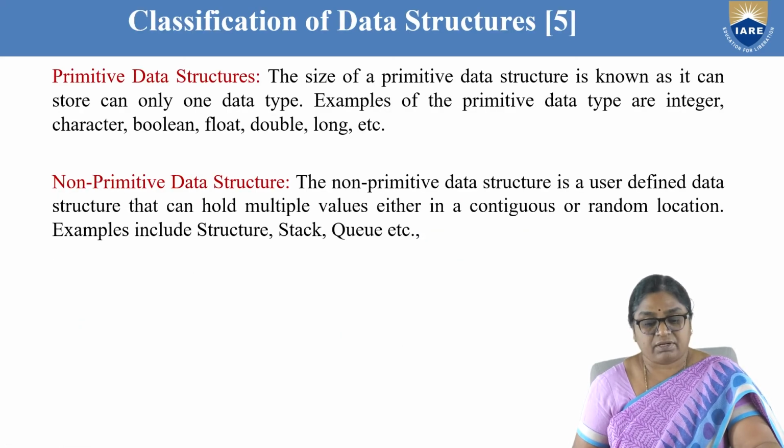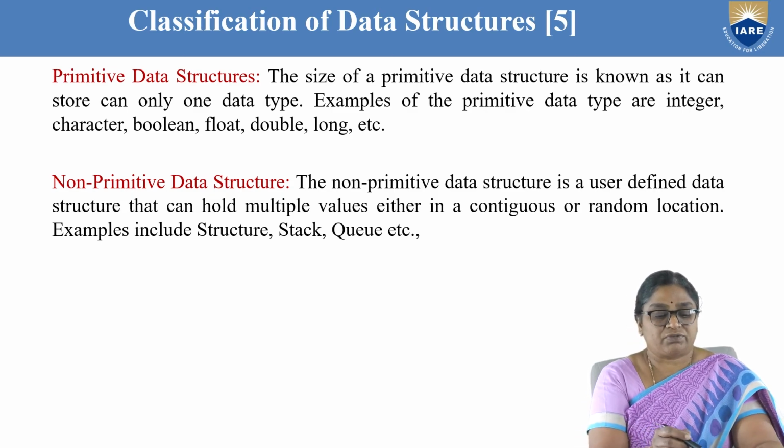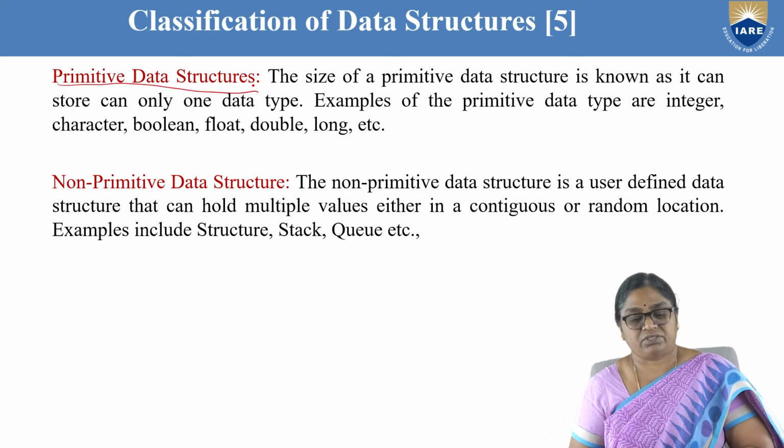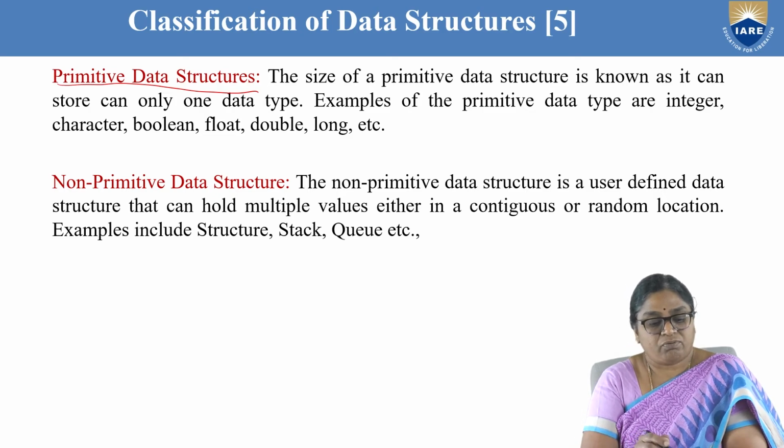Now coming to classification of data structures. There are many classifications in data structures. Primarily, the first one is the primitive data structure. In the primitive data structure, the size is known and it can store only one data type.